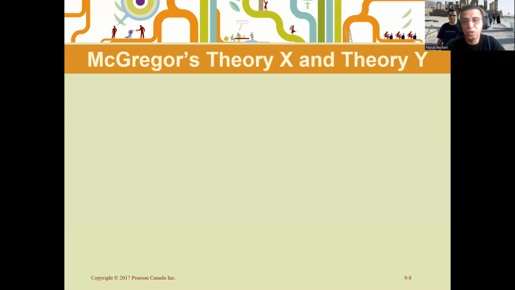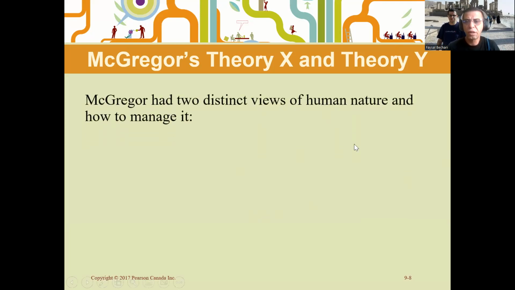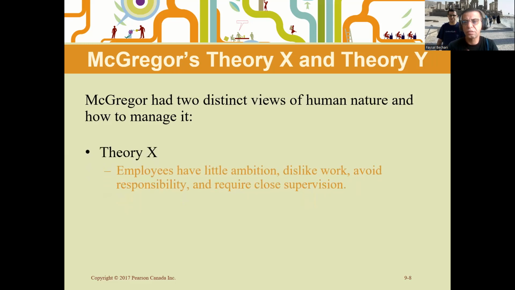Another theory is called the theory of X and Y, and it basically divides people into two types. McGregor had two distinct views of human nature and how to manage it. Theory X says employees have little ambition, dislike work, avoid responsibility, and require close supervision.